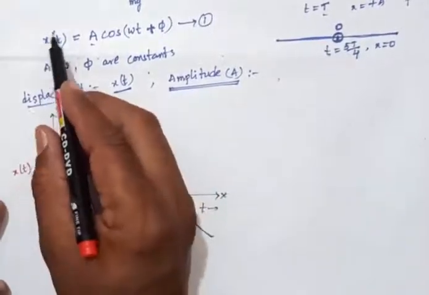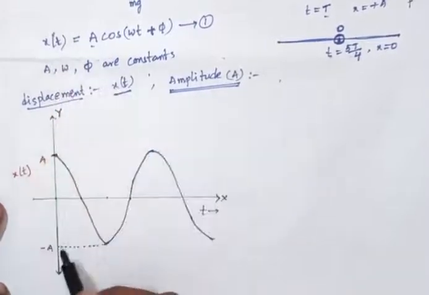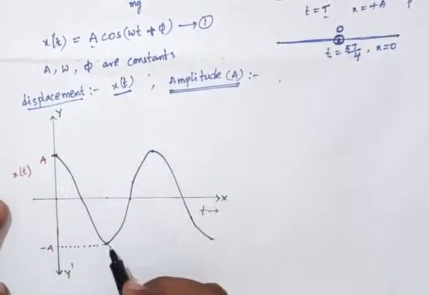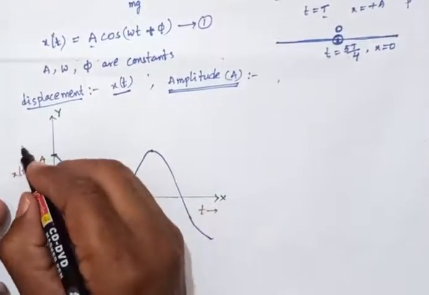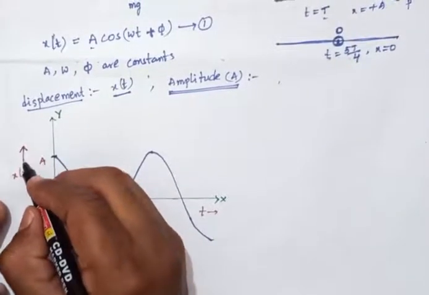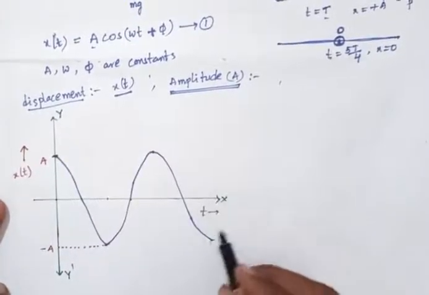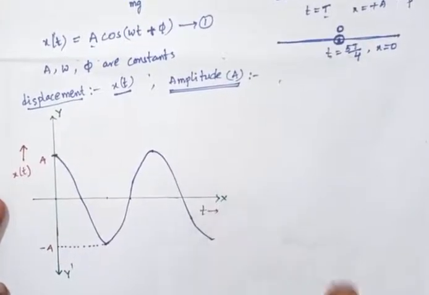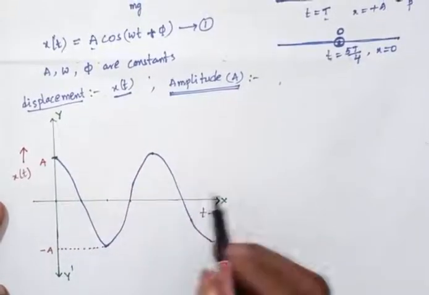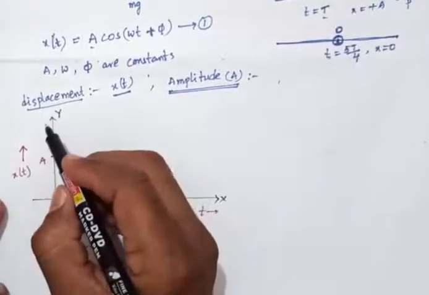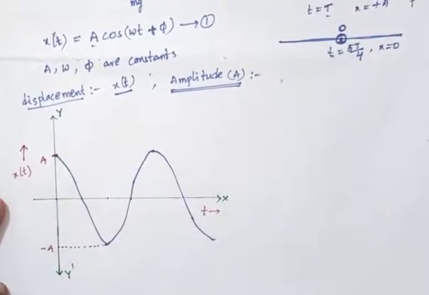Then x of t is the displacement. We take the graph between time and displacement. The displacement as a function of time is taken on the y-axis, and the time t is taken on the x-axis, with displacement positive in one direction and negative in the other.